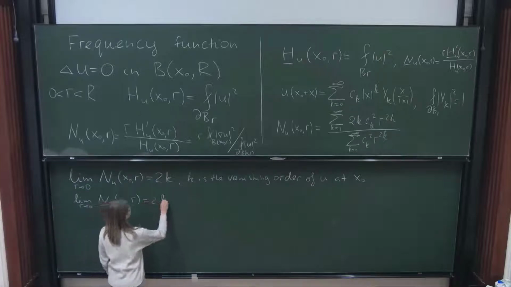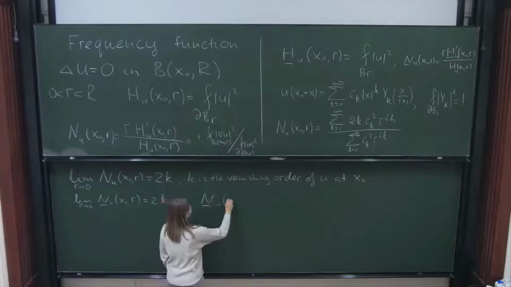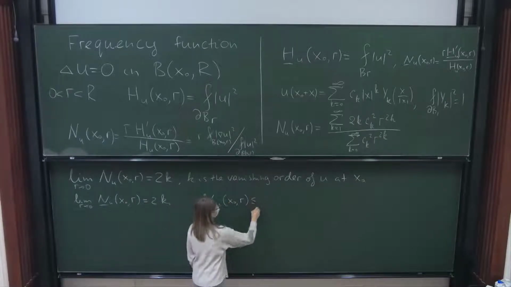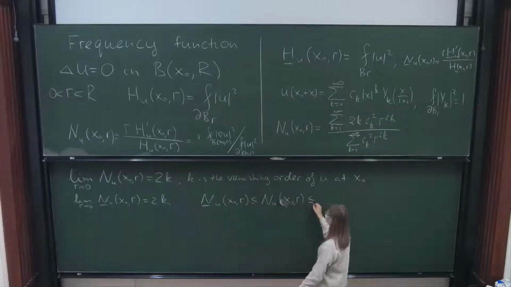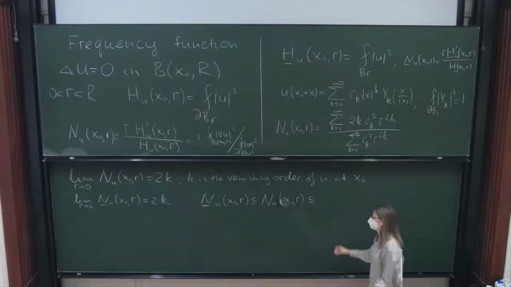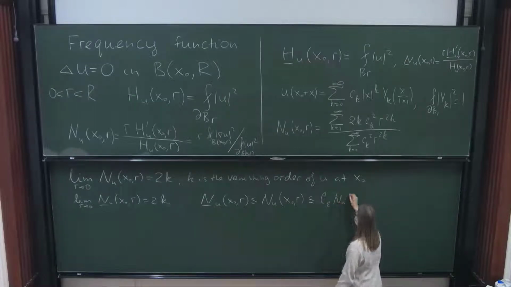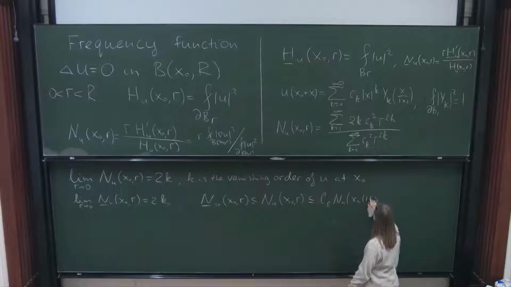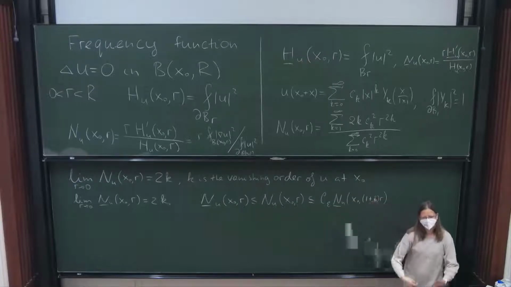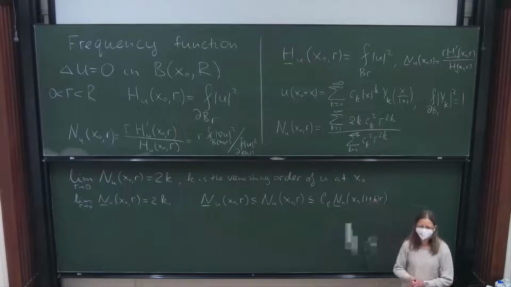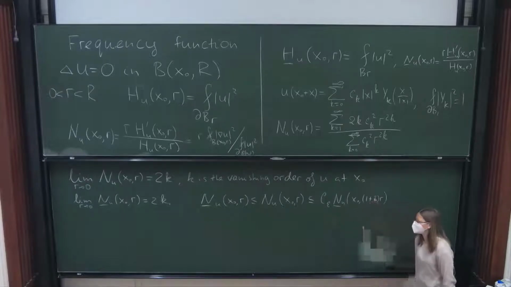What is also true is that the lower frequency is less than or equal to the frequency, and on the other hand, for any positive epsilon, you can find a constant such that the reverse inequality holds up to that. This is good. So they're philosophically the same, but sometimes you have to be more careful.